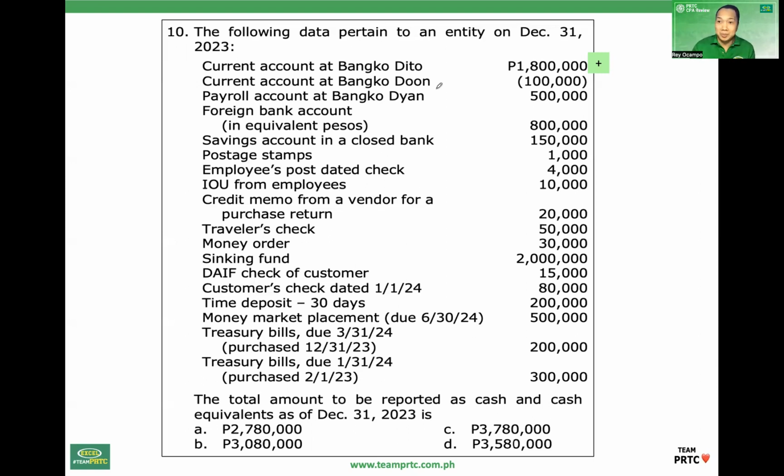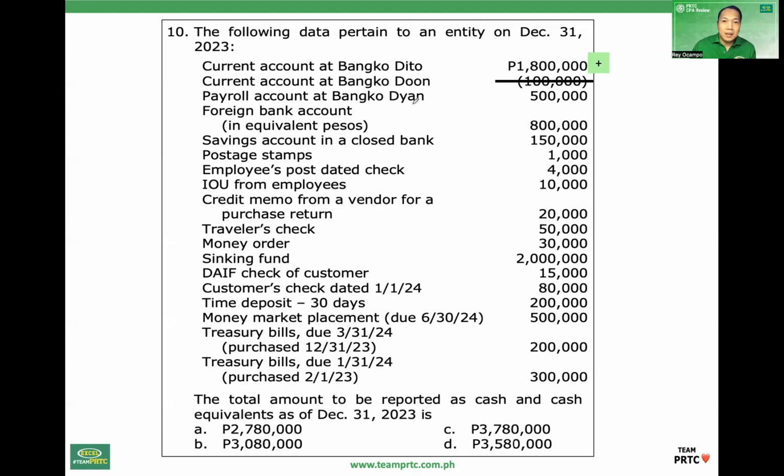So, exclude. Reported as short-term borrowing. A bank overdraft can be offset if maintained within the same bank. But the other banks here and there, exclude. Short-term borrowing.